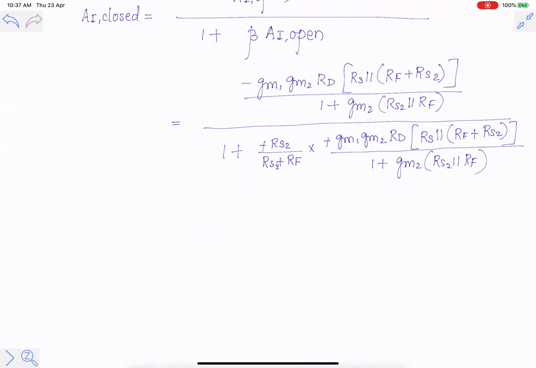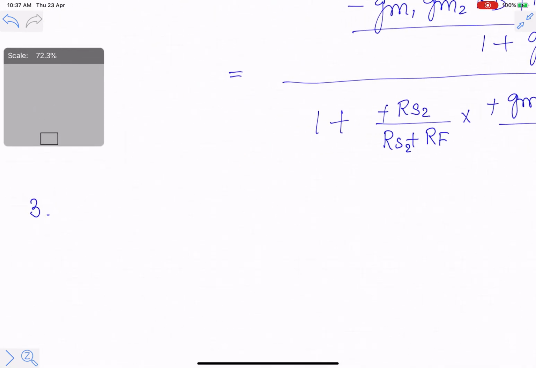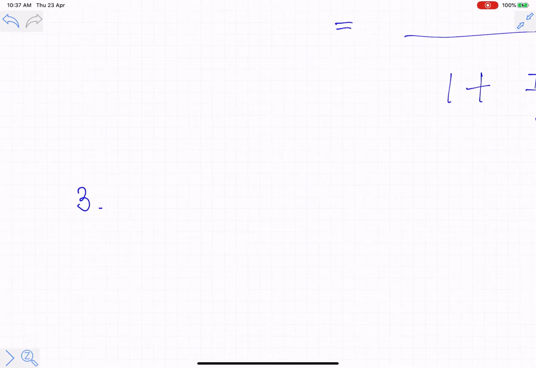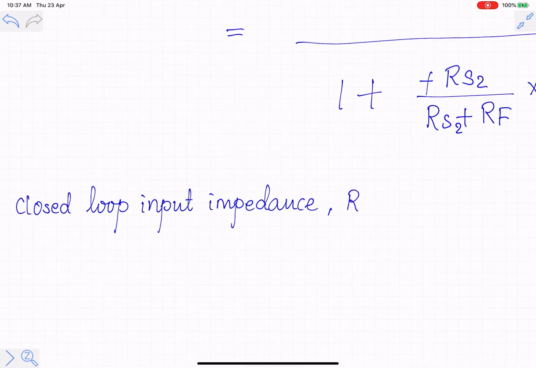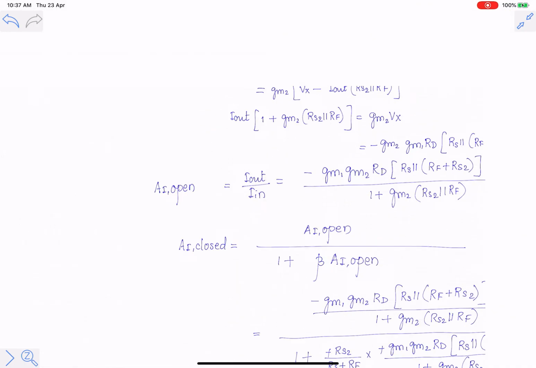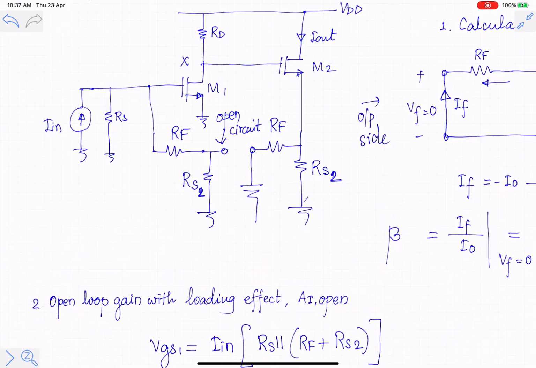Similarly, we can find out the expression for what is called as closed loop input impedance, which is R in closed. As we know, there is a parallel connection on the input side.